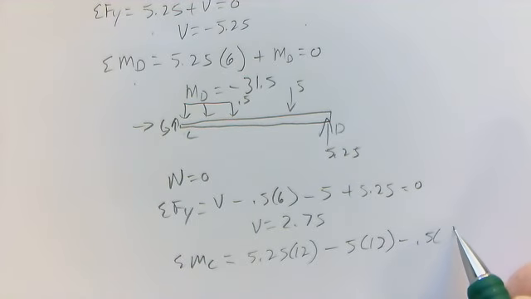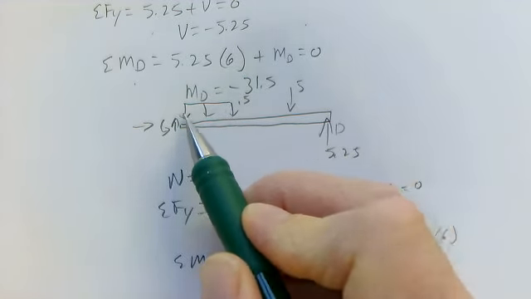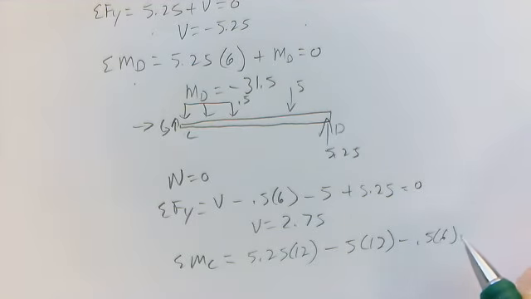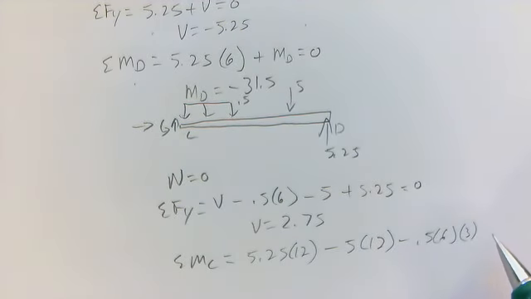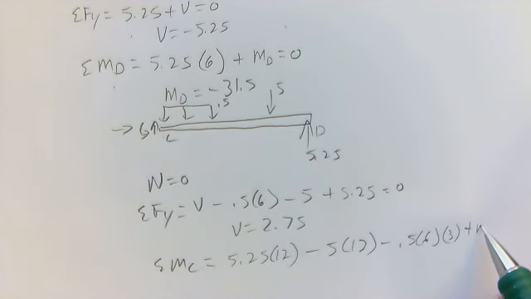Minus 0.5 times 6, that's the load here, and then times the distance, the middle of that, 3. Plus MC equals 0. So MC equals 25.5.